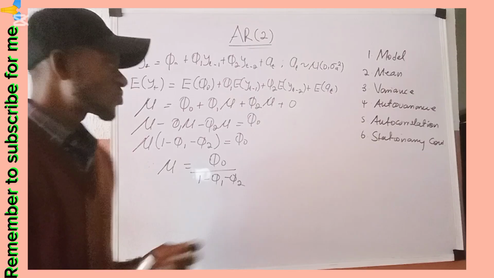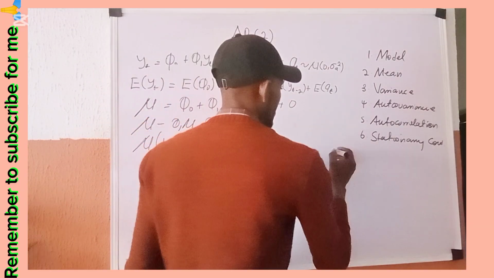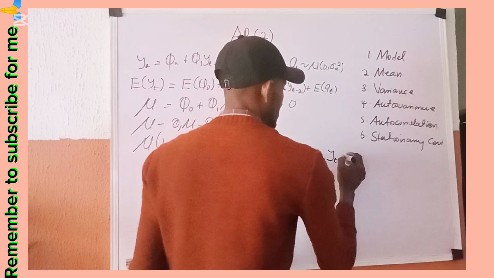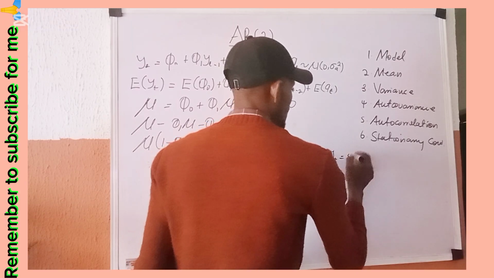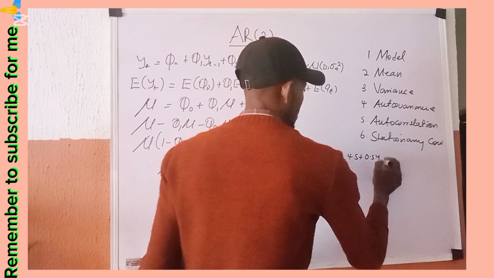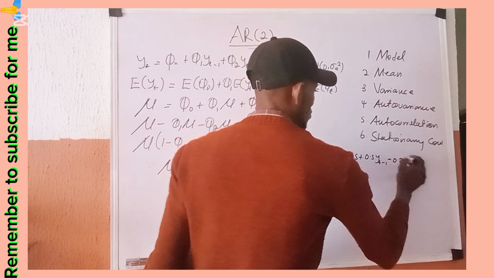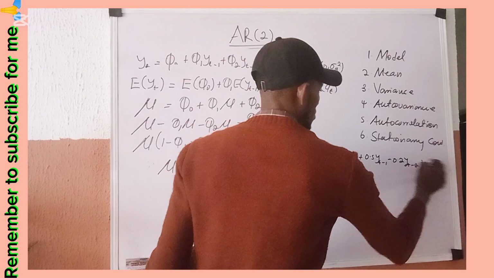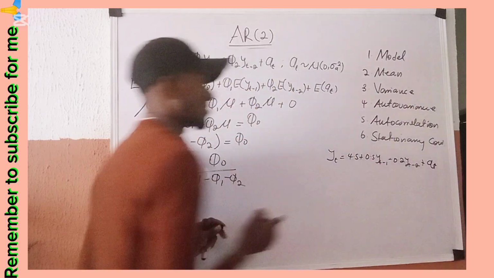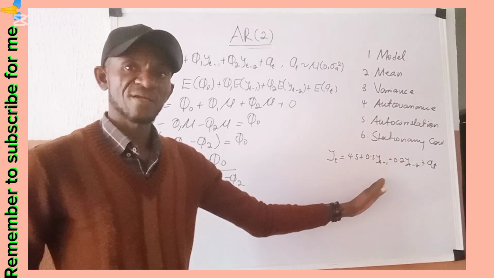Suppose we are given that y of t is given as 4.5 plus 0.5 y of t minus 1 minus 0.2 of y of t minus 2 plus a of t. We might be asked to find the mean of this model.